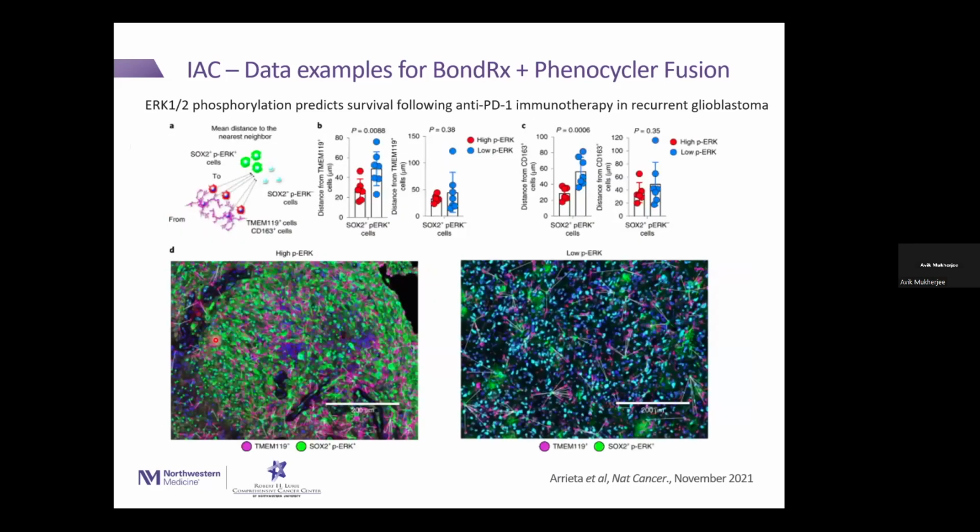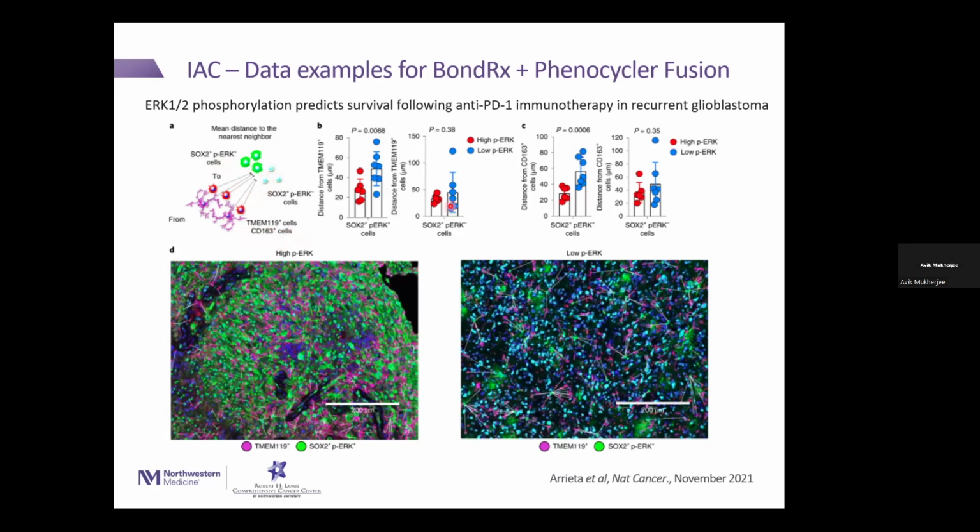They extended this study further and did a spatial analysis to see the interaction between the SOX2 positive and PRC positive cells and glioma infiltrating myeloid cells. They calculated distances between the SOX2 cells, the tumor cells, and the myeloid cells that were TMEM119 and CD163.